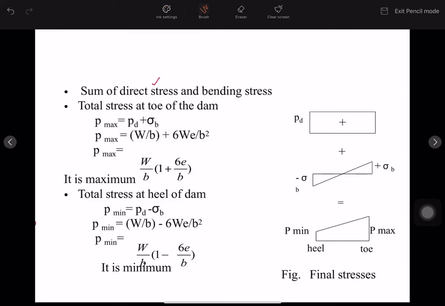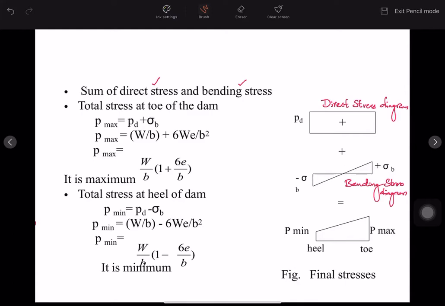So the sum of direct stress and bending stress: this is the direct stress diagram, and this is the bending stress diagram. Right? Total stress at the toe of the dam and heel of the dam we need to calculate now.